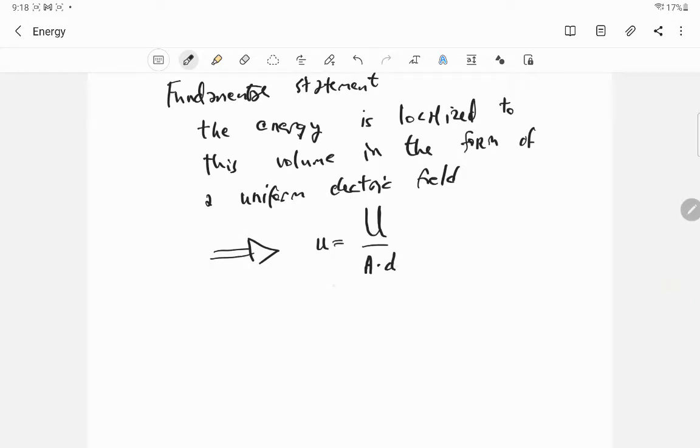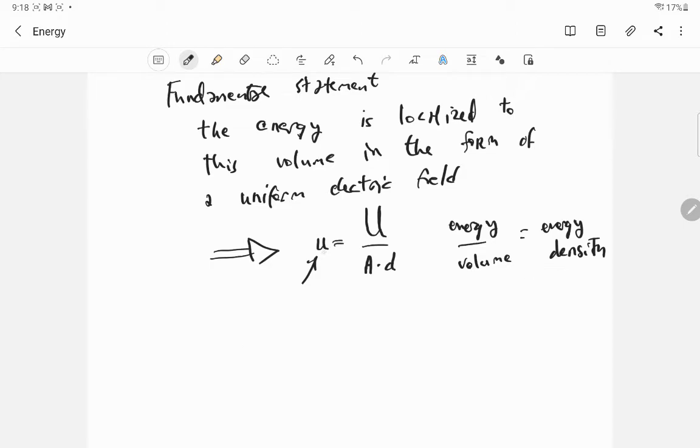But what I want to do is say that this is our potential energy, but it's a potential energy per volume. This is an energy per volume, which is called energy density. So this thing right here is energy density.